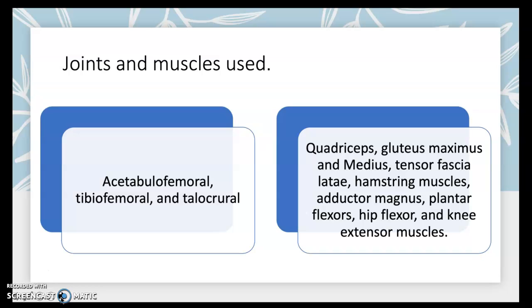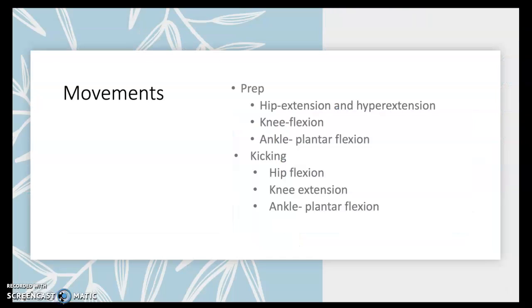And the muscles that are going to be used throughout each phase will be the quadriceps, the gluteus maximus and medius, tensor fasciae latae, hamstring muscles, adductor magnus, plantar flexors, hip flexors, and knee extensor muscles. Each muscle group will be categorized in each phase of the kick.